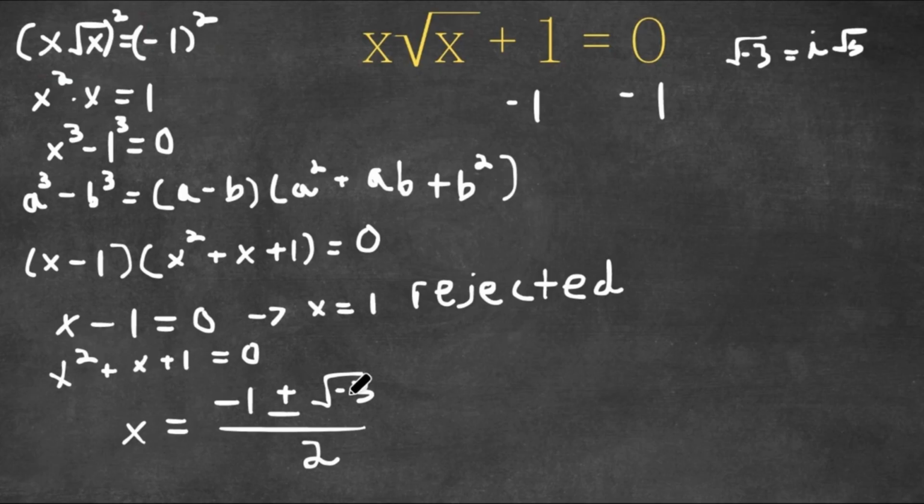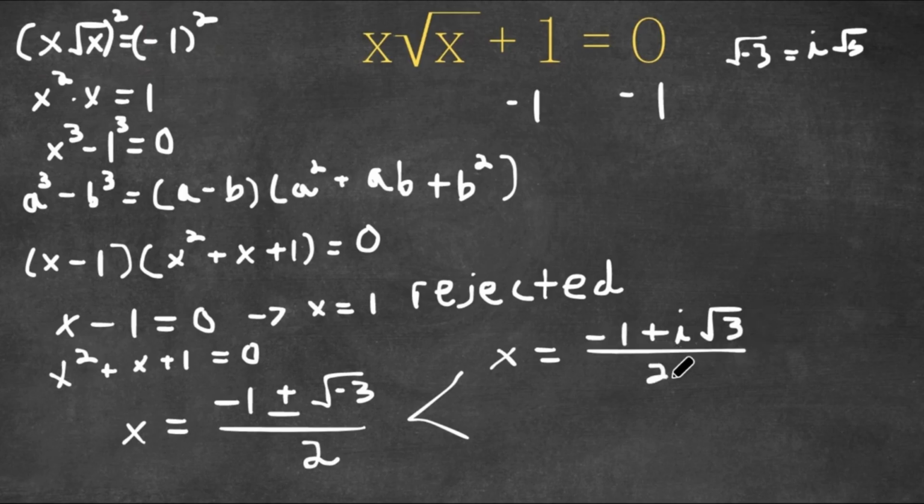So now this gives us two equations. We get x is equal to -1 plus i times the square root of 3 over 2, and we also get x is equal to -1 minus i times the square root of 3 over 2.